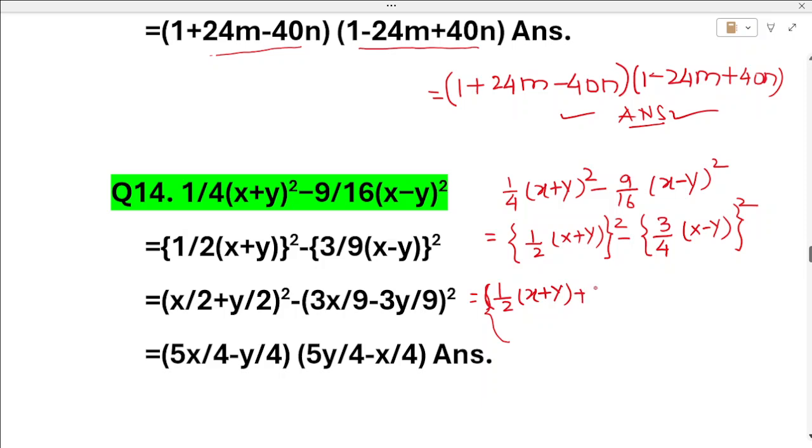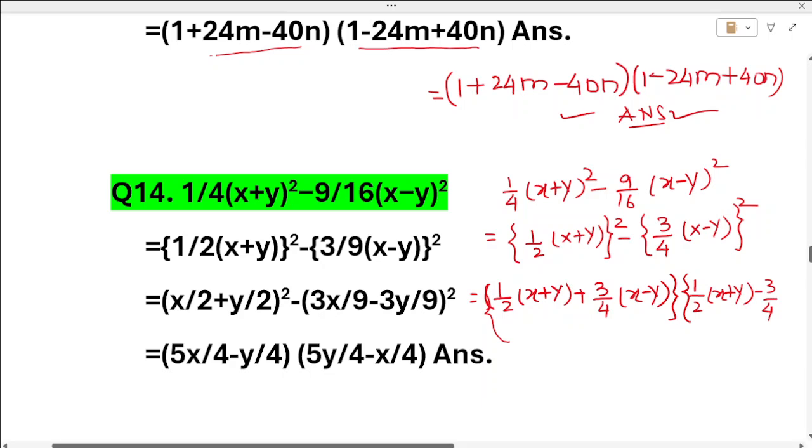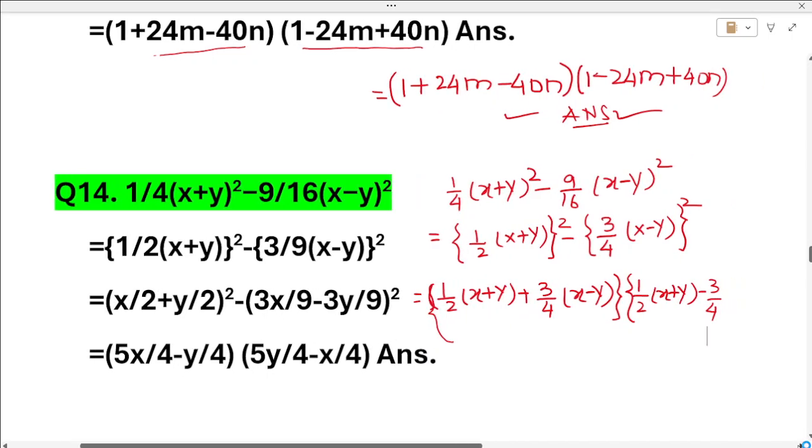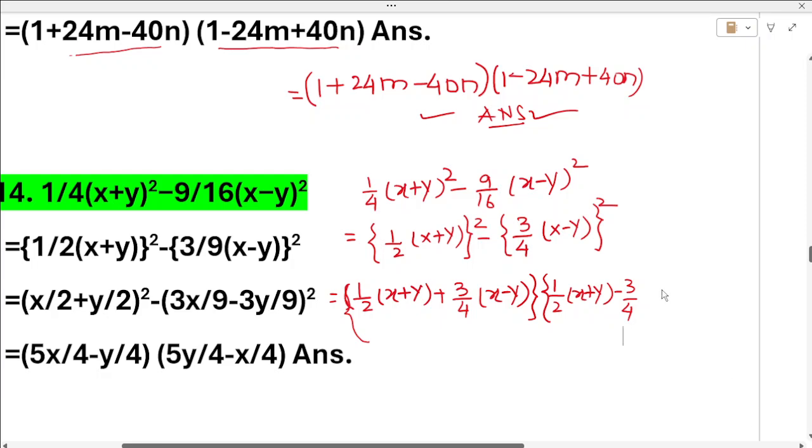So I'm adding first 3 upon 4 (x minus y), bracket closed, start another bracket, half (x plus y) minus 3 upon 4, to be multiplied by what, (x minus y). Correct. Now the bracket is closed here.